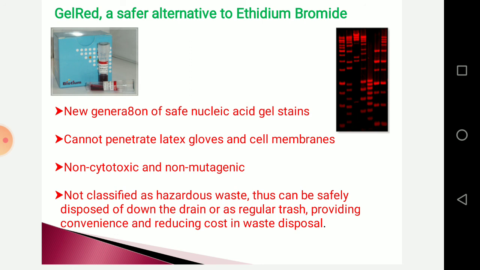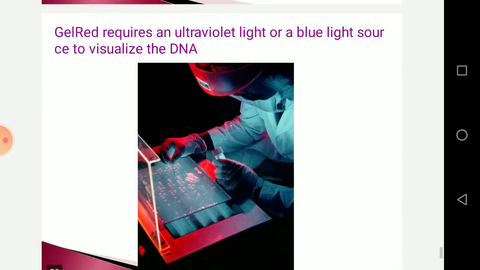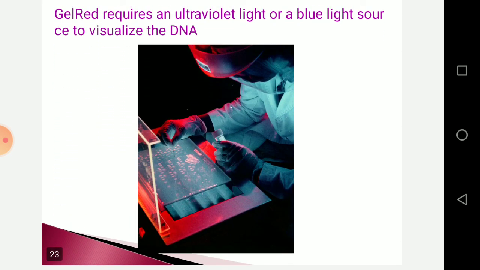GelRed requires an ultraviolet light or blue light source for the visualization of DNA. So this is the sample we can observe in GelRed solution instead of carcinogenic ethidium bromide.